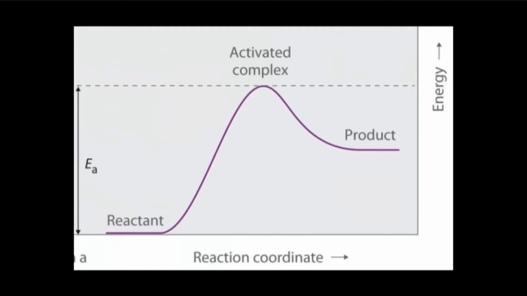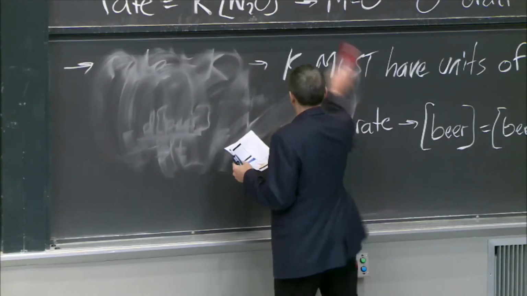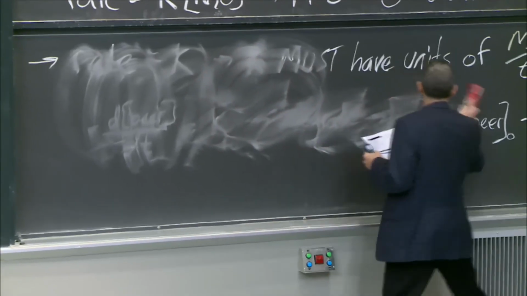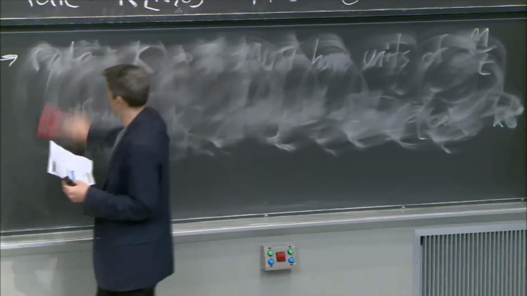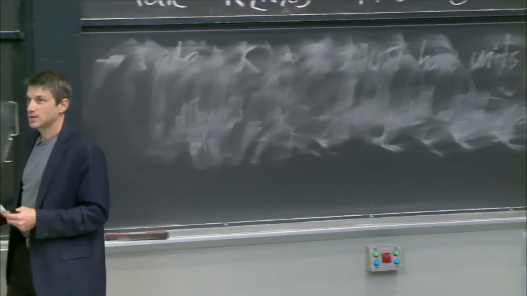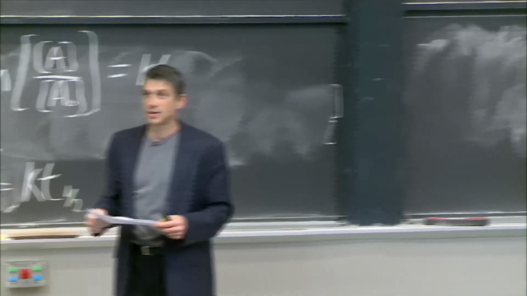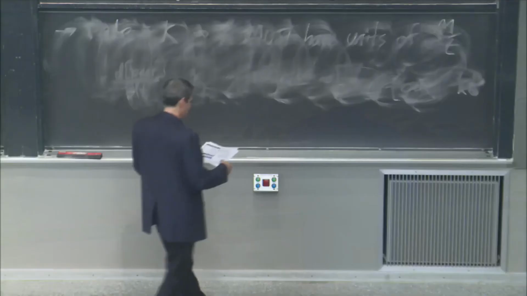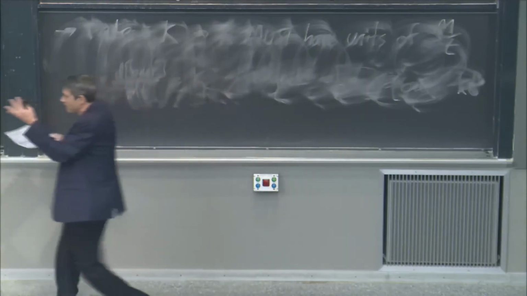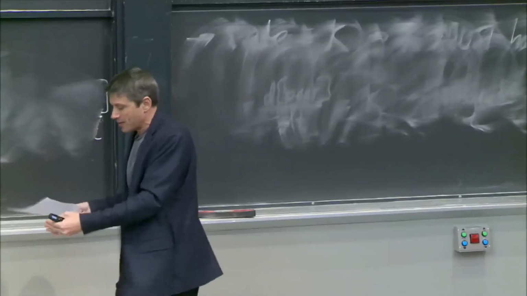So what does that mean? Well, first of all, you should all be feeling something right now, and you know what I'm talking about. I'm talking about Svante Arrhenius, right? Somebody said it. Why? Because I'm talking about a process that has a barrier that is thermally activated.